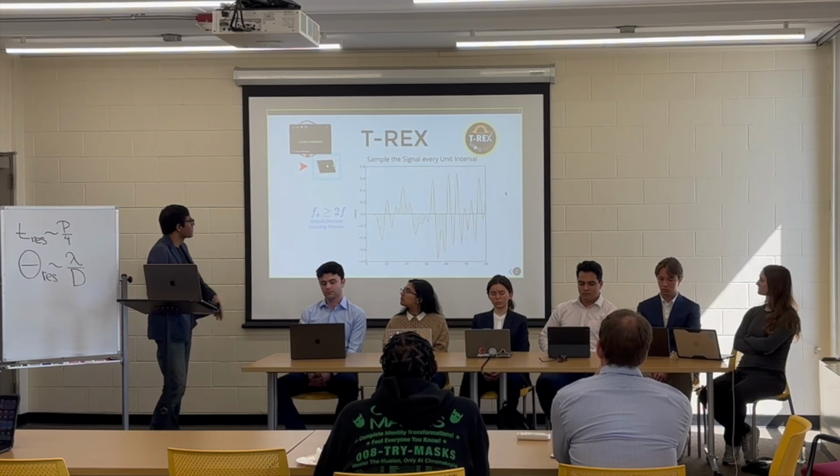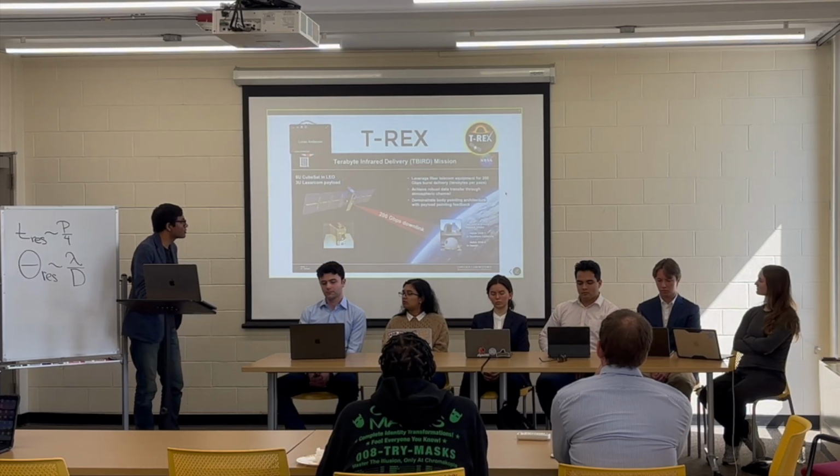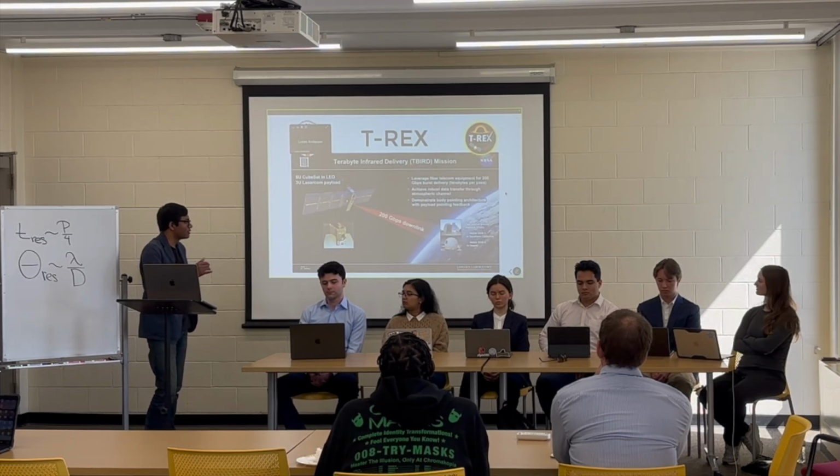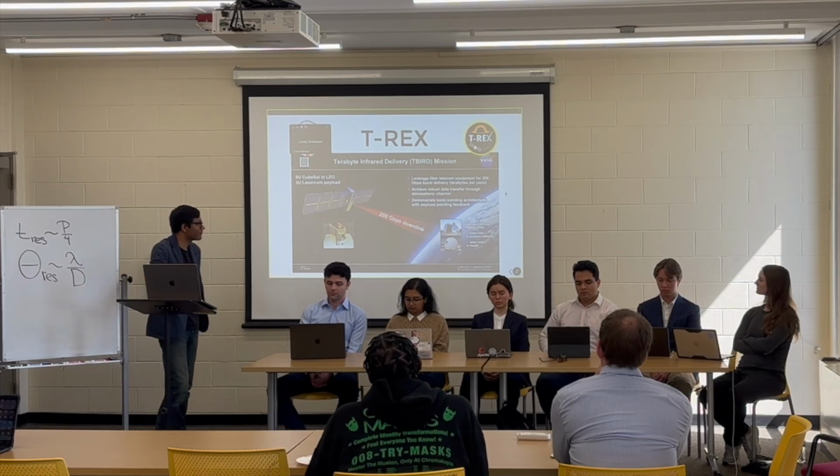This is the digital backend, which is responsible for converting the analog radio signal into a digital signal, very similar to BEX. And finally, the optical terminal would be some derivative of the T-Bird terminal, which flew in 2023. MIT demonstrated that you could transmit data at 200 gigabits per second from low Earth orbit.